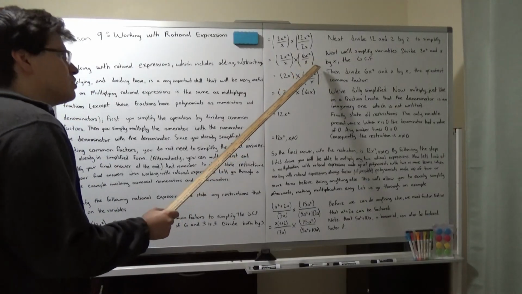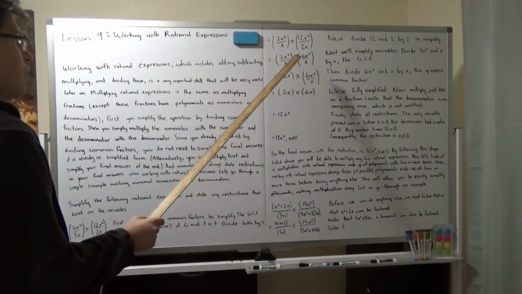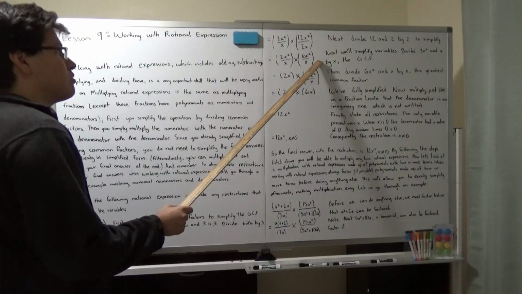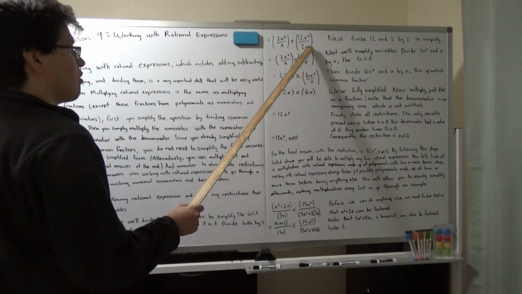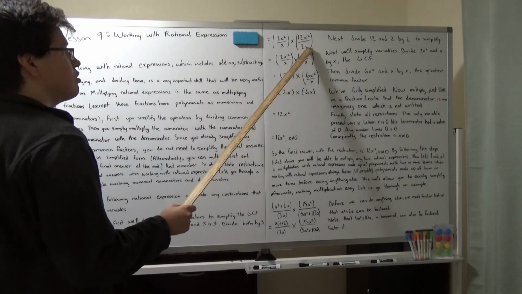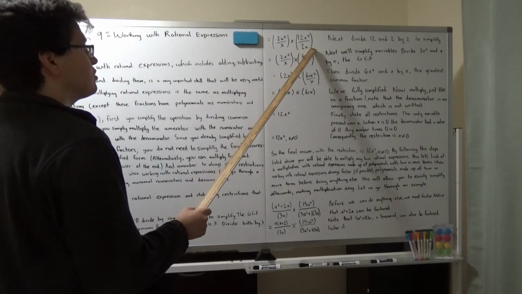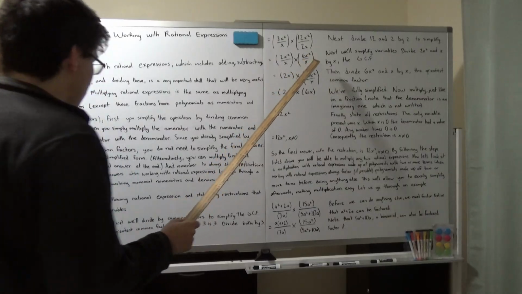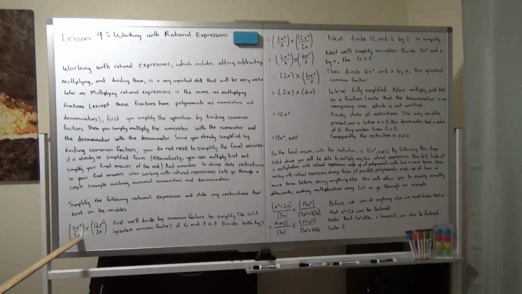When we set x equal to 0, we get x equals 0. For 2x, when we set that equal to 0, we divide both sides by 2 and get x equals 0, because 0 divided by 2 is 0. When we set 3x equal to 0, we get x equals 0.